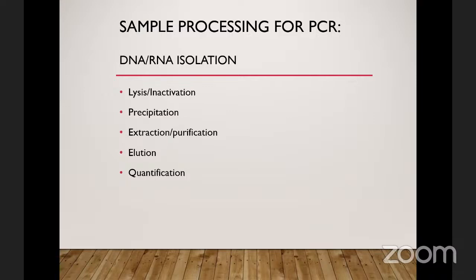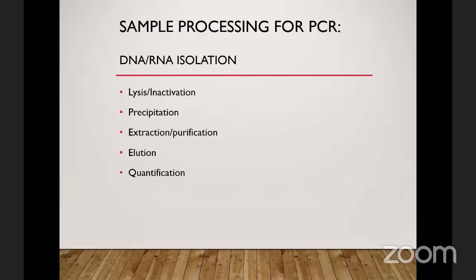There are different procedures for extraction. We have the automatic extraction procedure, whereby you have machines that help the extraction happen. Just add your sample and the reagents you have constituted, and the machine gives you the pure form of the DNA or RNA, depending on what you are isolating.